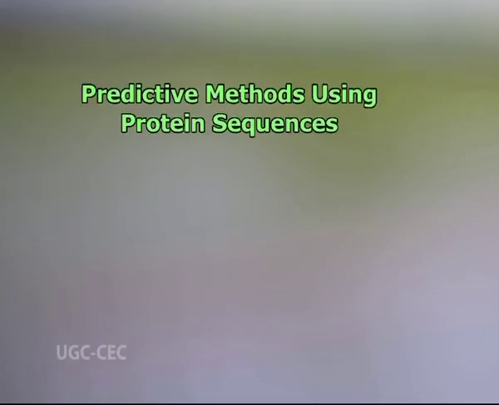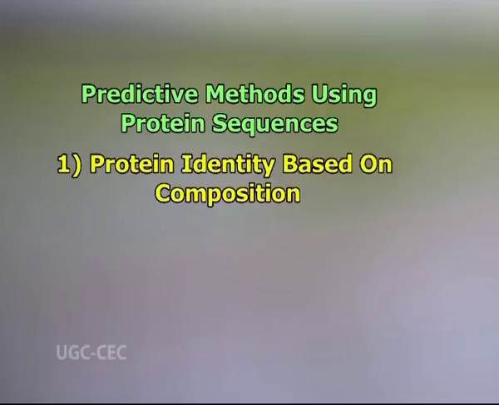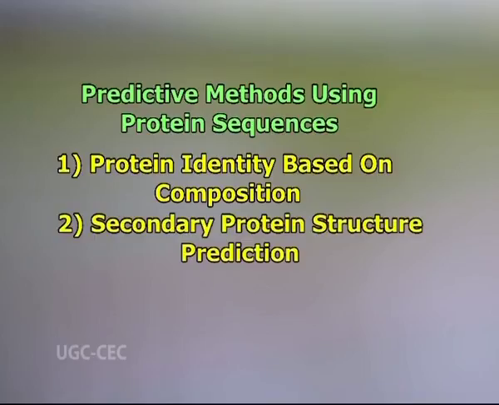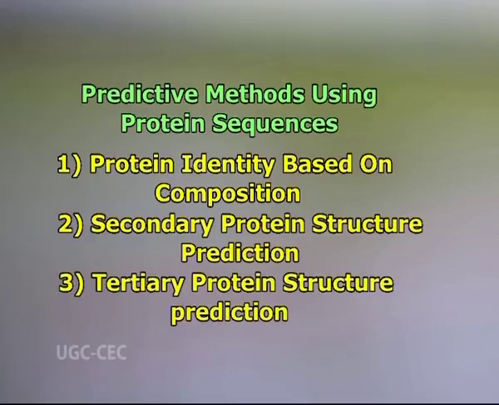Many of these tools are available through the ExPASy server at the Swiss Institute of Bioinformatics. Predictive methods using protein sequences have been categorized in 3 parts. Number 1, protein identity based on composition. Number 2, secondary protein structure prediction. And number 3, tertiary protein structure prediction.